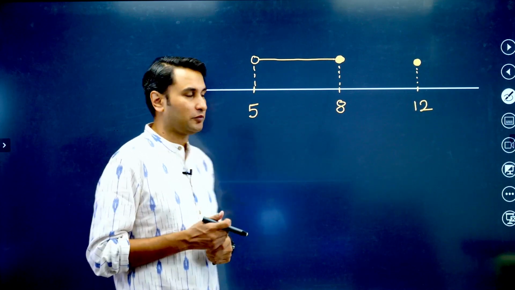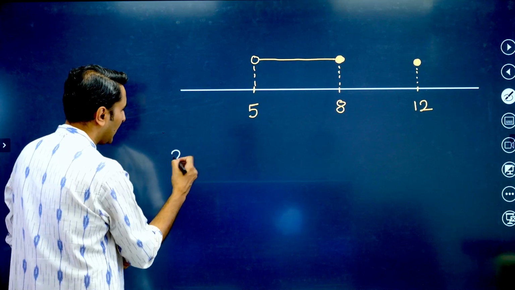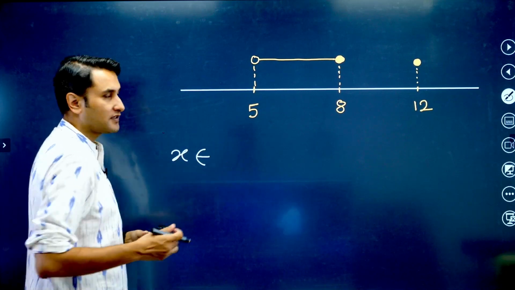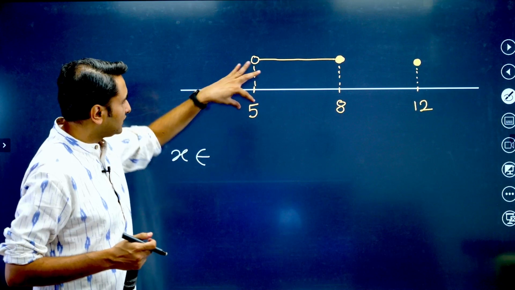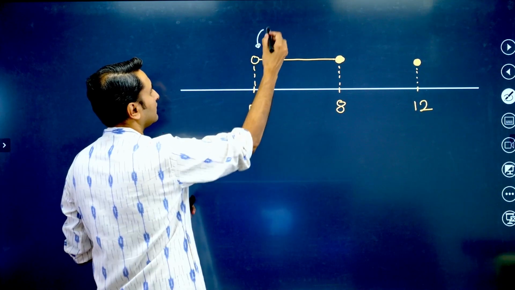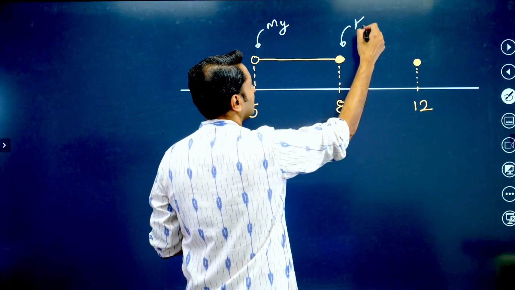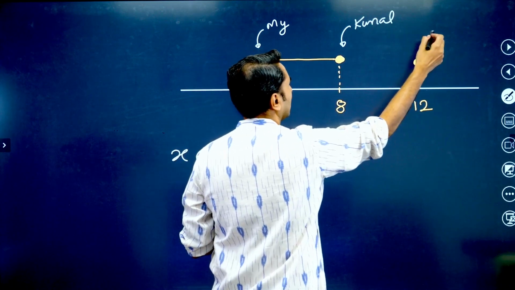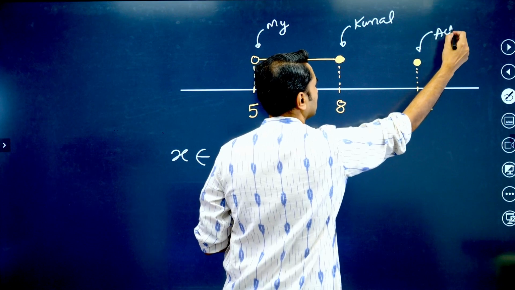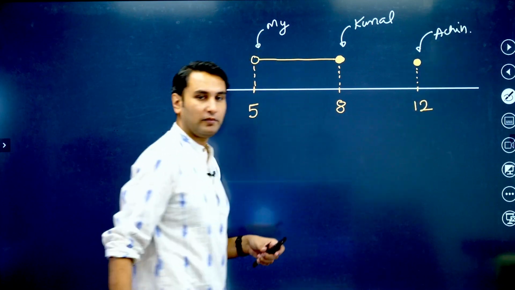It means what? Let me put it in this way. Now in this case, I am searching, say this is my house again, then Kunal's house, Achin's house. So how am I doing this?